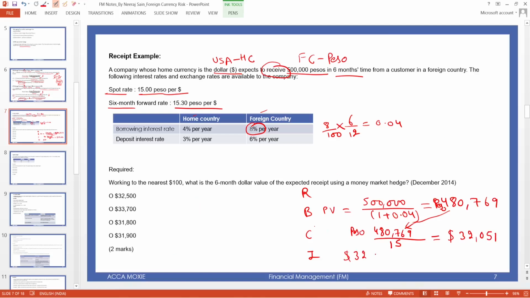This is dollar. We have to invest at 1 plus the deposit rate for 6 months.